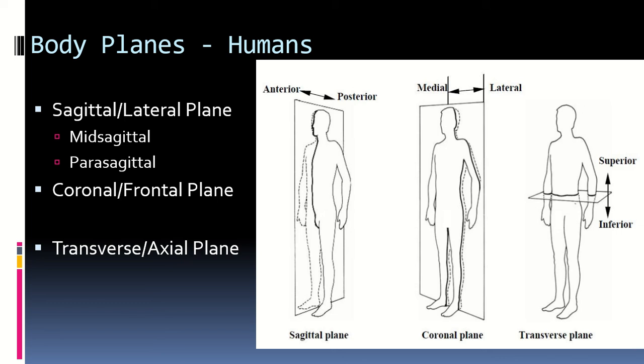Along the coronal plane, moving closer to the middle of the body would be the medial direction, whereas moving closer to the end of the body would be the lateral direction.